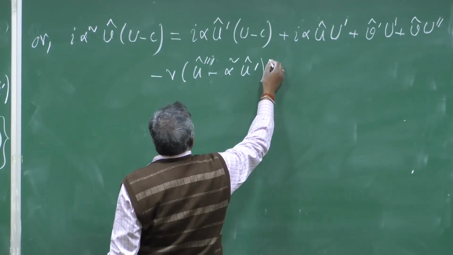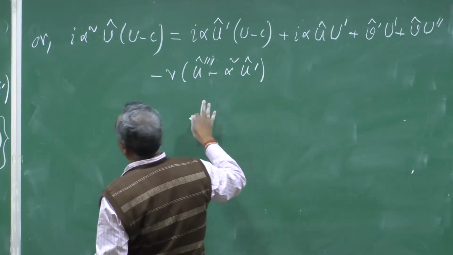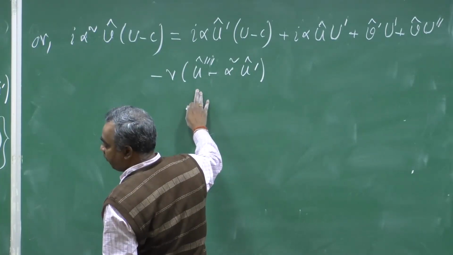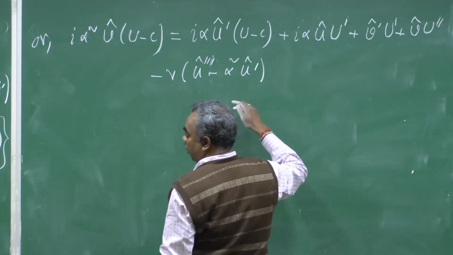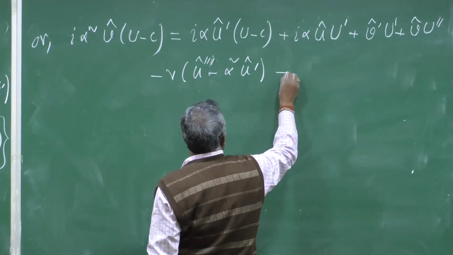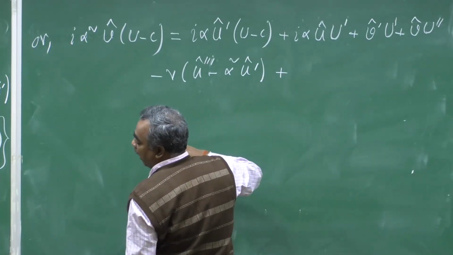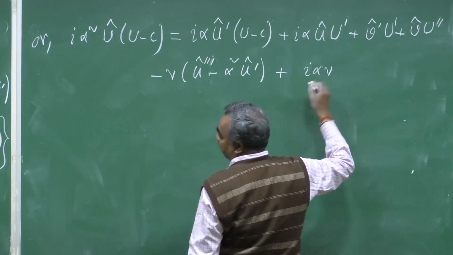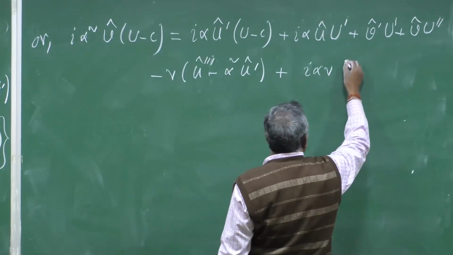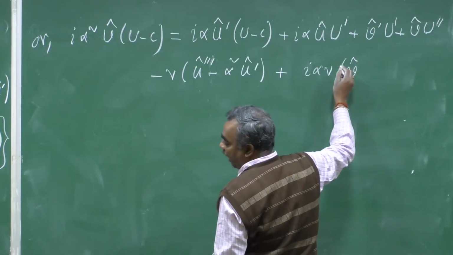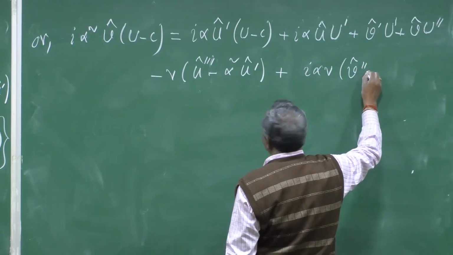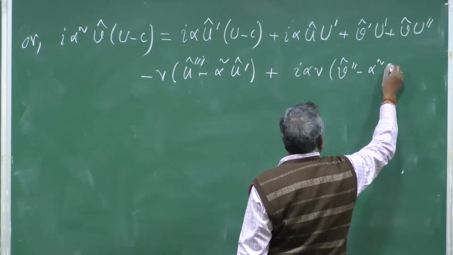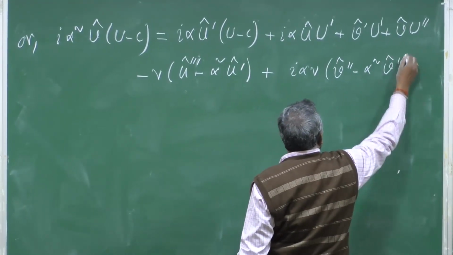This quantity, we have multiplied by iα, so iα ν should be here as well, and this is going to be v hat double prime minus α squared v hat prime.